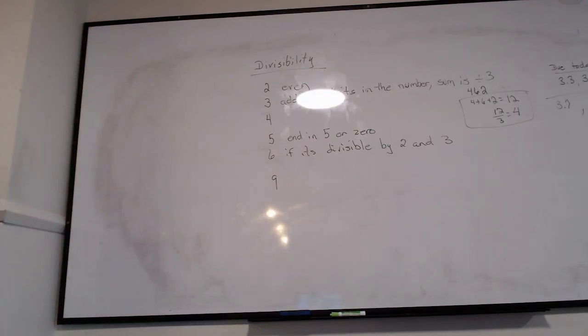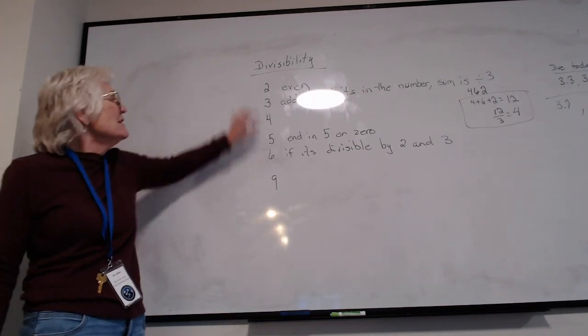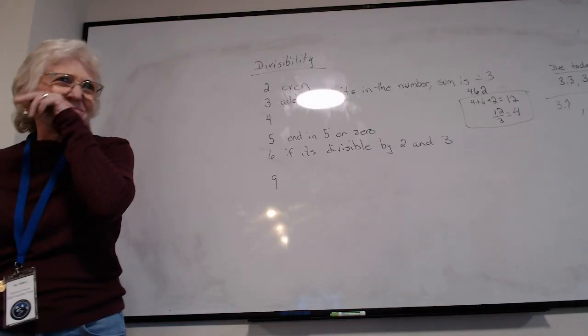So you check to see if it's even. Then you add the digits. So you go back and check these two. If it's true for both of these, then it's divisible by 6. Okay.